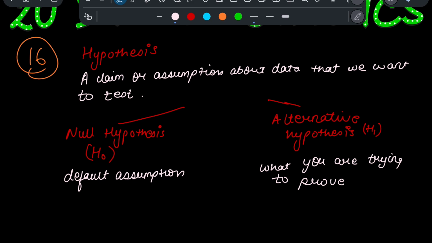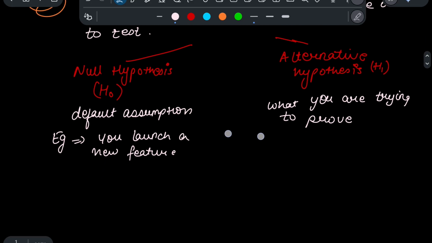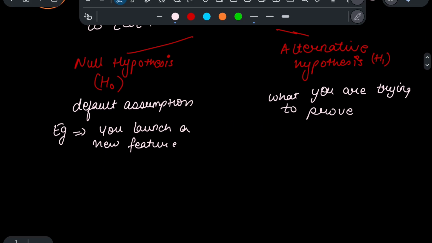Let me give an example. Say you launch a new feature. Your null hypothesis will be that the new feature has no effect on user engagement.